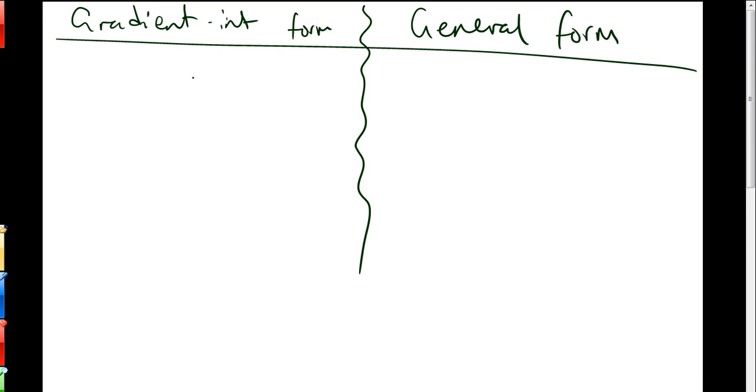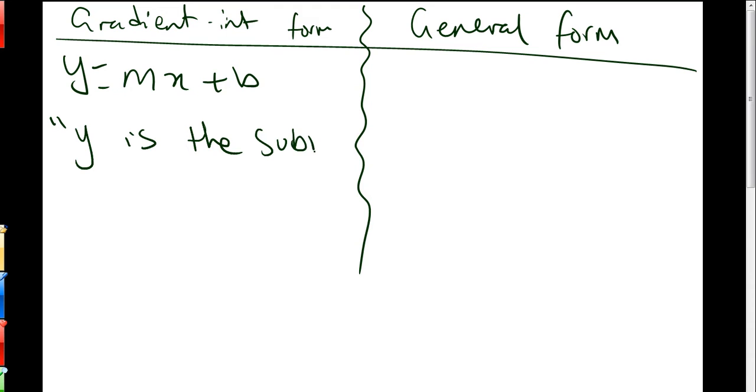For gradient intercept form, we saw it must be y equals mx plus b. The key point is y is the subject. As long as y is the subject, we don't care about anything else.